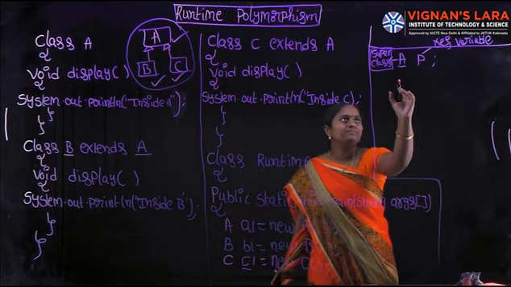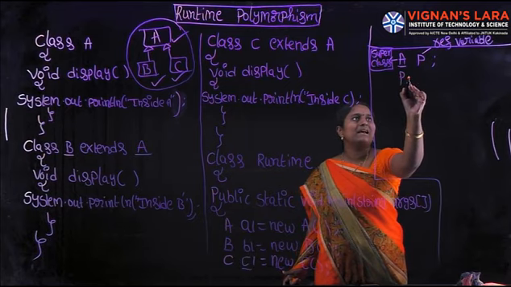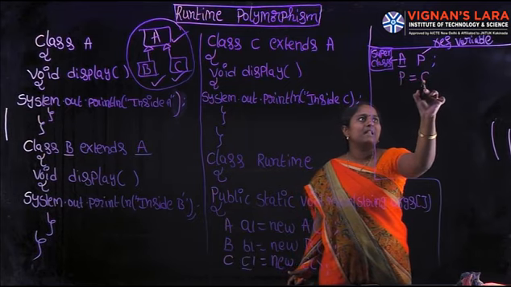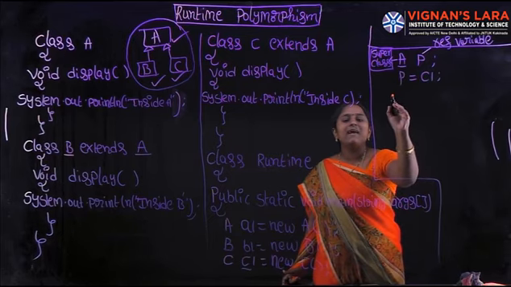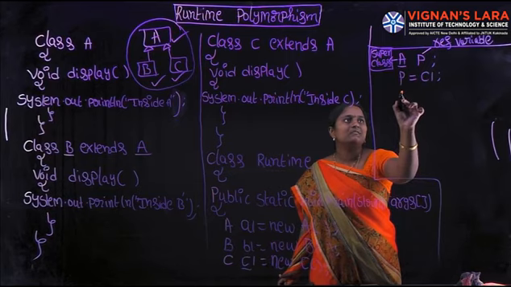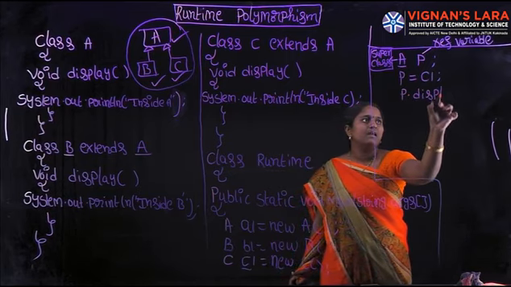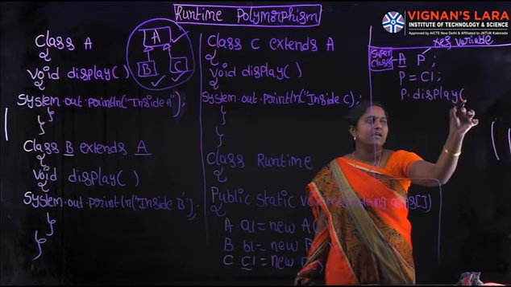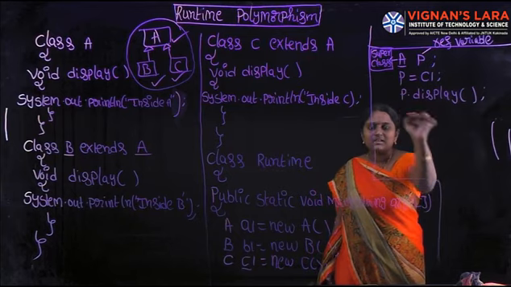Next one, I am assigning the superclass reference variable to the subclass object C1. And always we can call the overridden method as superclass reference. Here P.display. Everyone concentrate on these three statements.